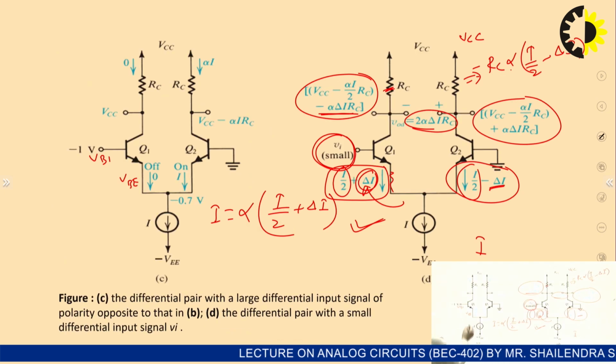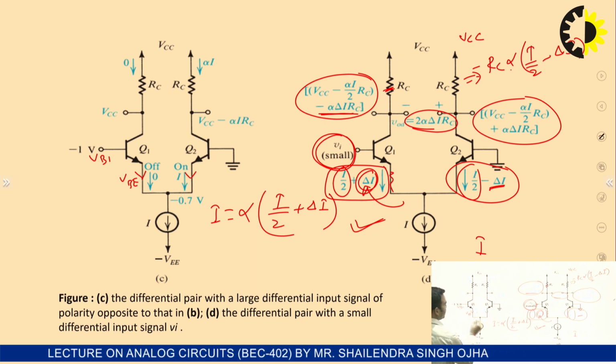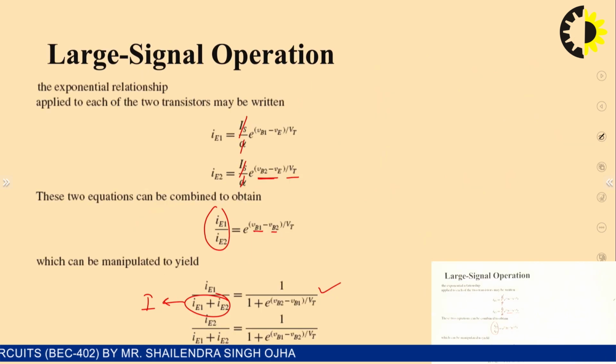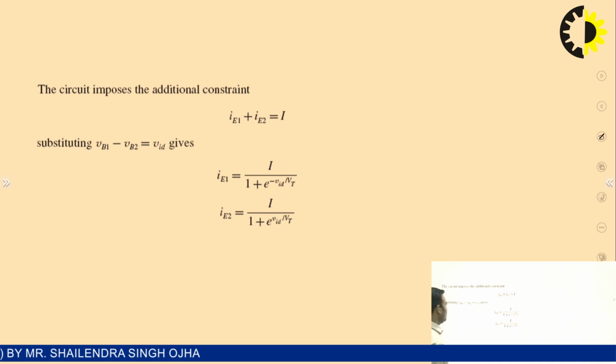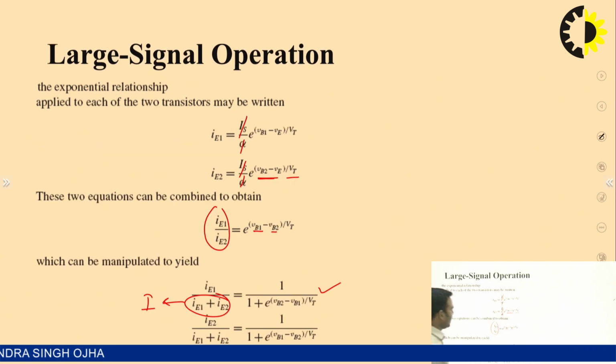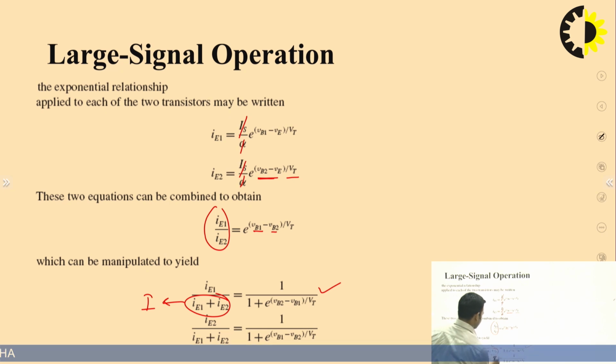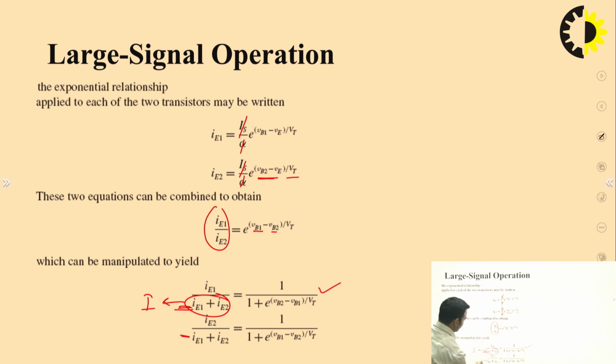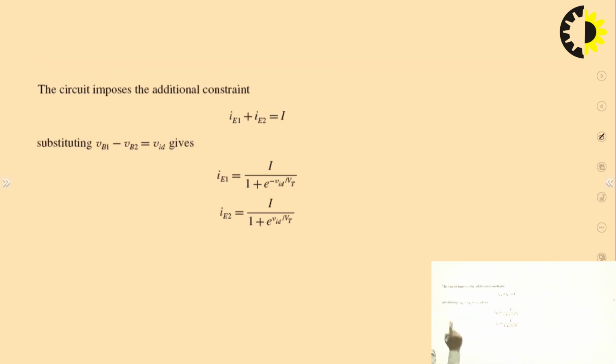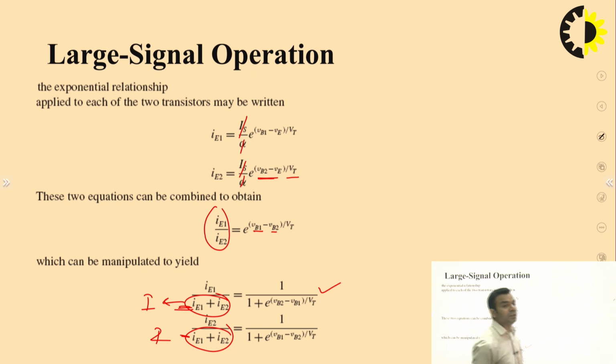See, whatever current is flowing in the emitters of the two transistors will be equal to I. So, if you rewrite this, it will be equal to I, and the difference VB1 minus VB2, that means the difference of the inputs applied at the base of transistor Q1 and Q2 is called the differential input voltage.